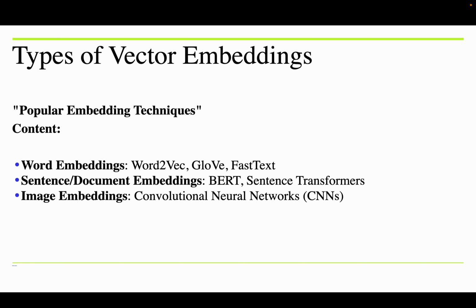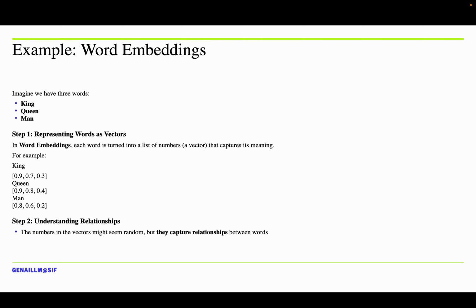Whereas in skip-gram they focus on the target, how similar the target is, and based on that they create the relationships. Sentence and document embeddings use BERT, the Bidirectional Encoder Representations from Transformers, and sentence transformers. Image embedding uses CNN.